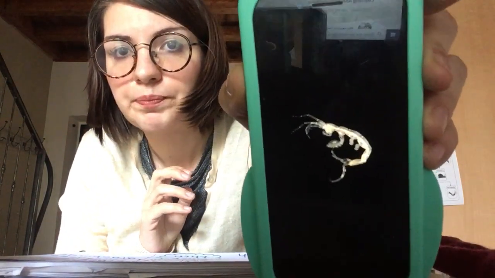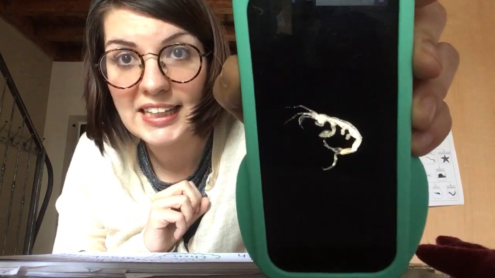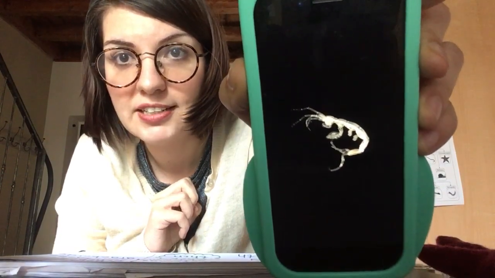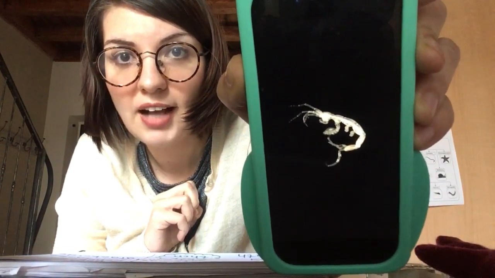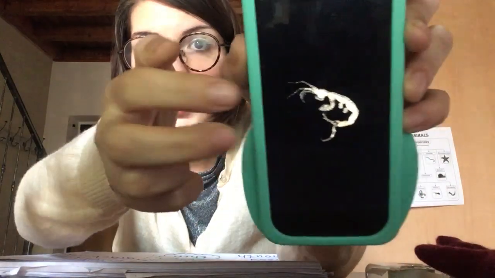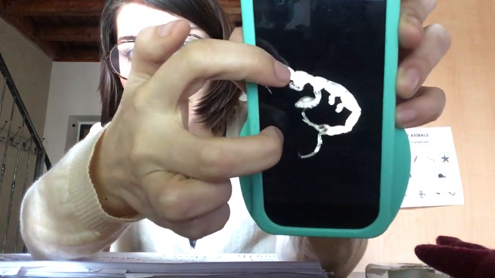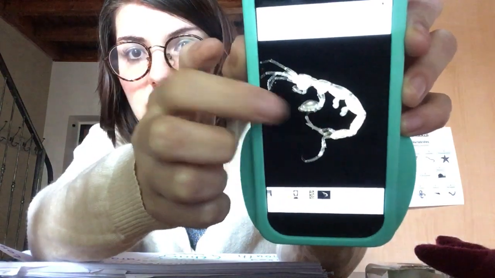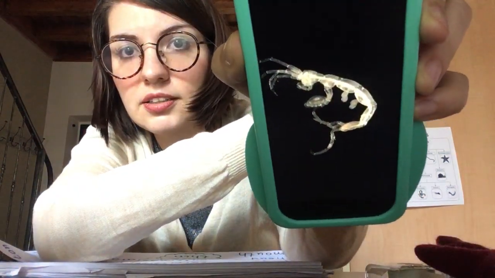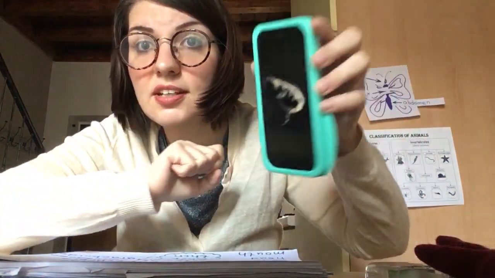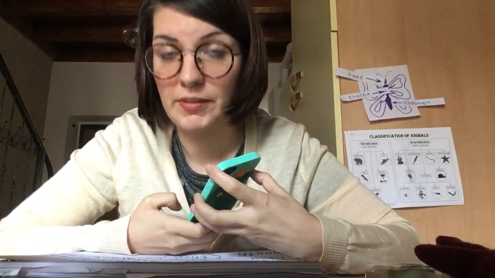Have a look. Do you recognize the animal from the skeleton? I think you do. Have a closer look. This is a shrimp.